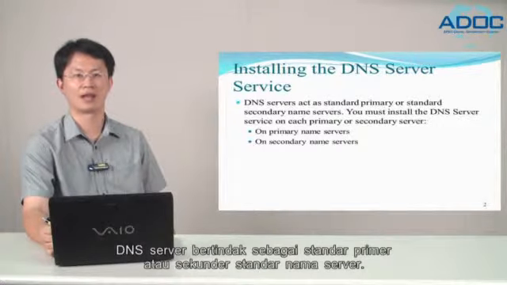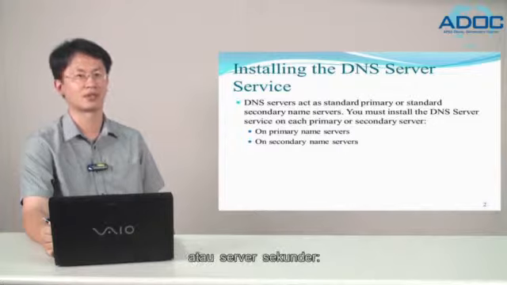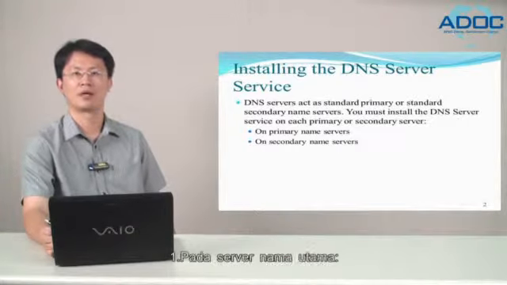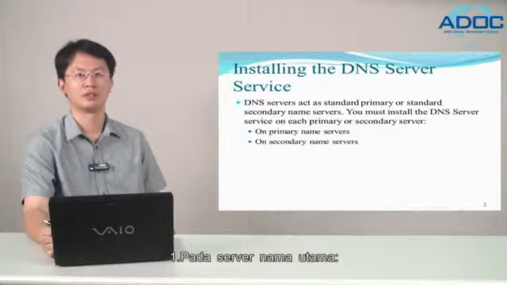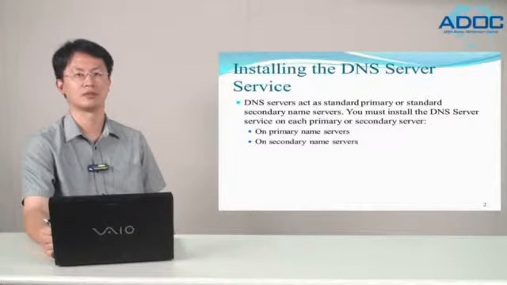DNS servers act as standard primary or standard secondary name servers. You must install the DNS server service on each primary or secondary server. On the primary name servers, you configure primary zones for forward lookups and, as necessary, for reverse lookups.